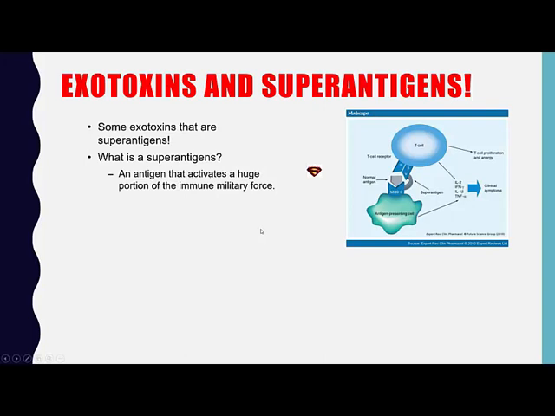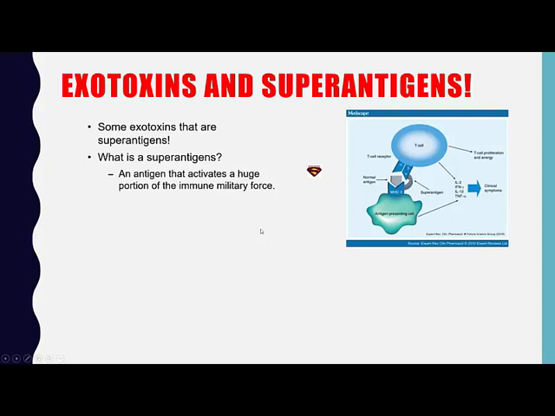Now, if you're looking at this image here, this is really complex, but these are two white blood cells, and they have to shake hands and talk to one another. Usually when this guy encounters a normal antigen, it presents it to this white blood cell, and they shake hands and talk to one another using chemical signals. And a regular antigen causes a normal conversation and says, you know, we need to have a battle here.